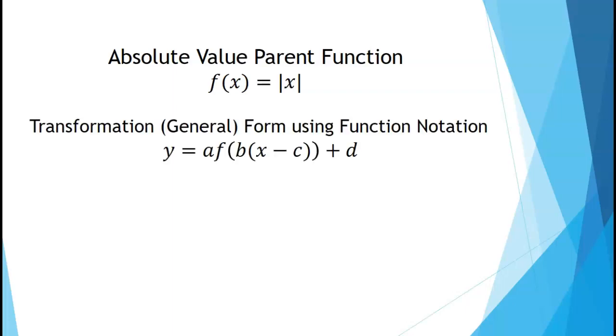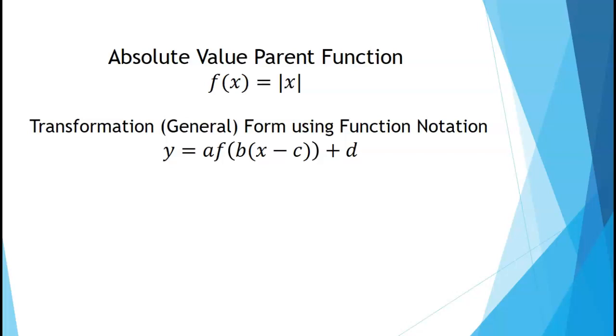Then we're going to go to the general form of the function, and we're going to use function notation. What this means is that if the function f is the absolute value of x, then we can change the parameter a, b, c, or d. Now, we're going to look at each of these parameters one at a time.